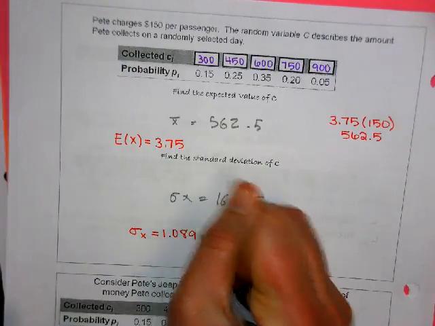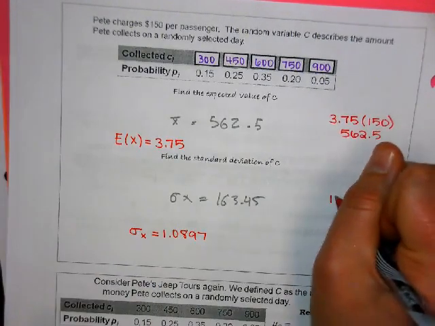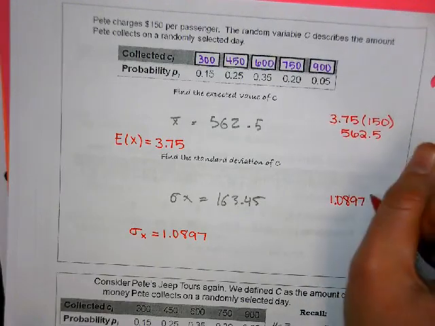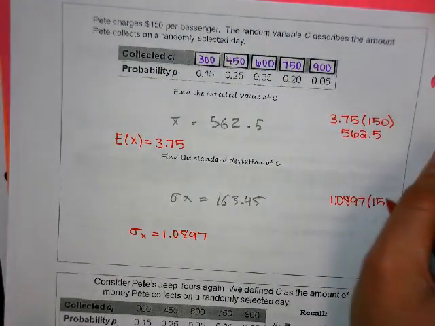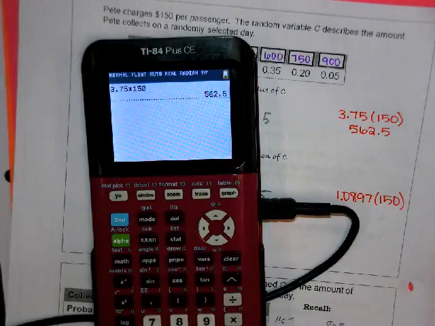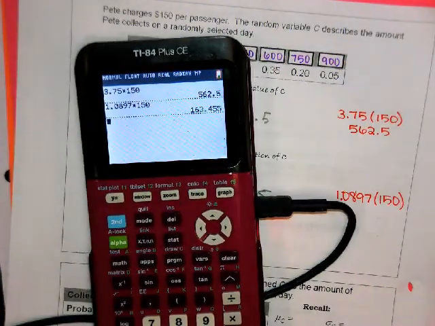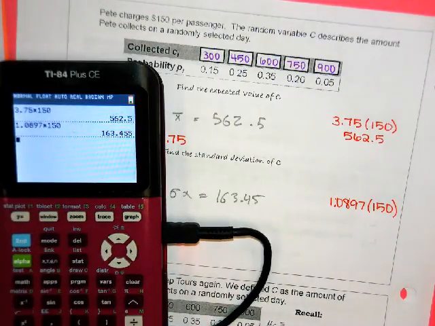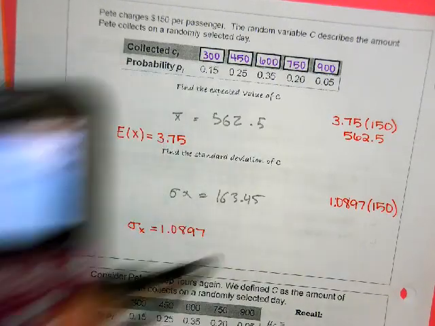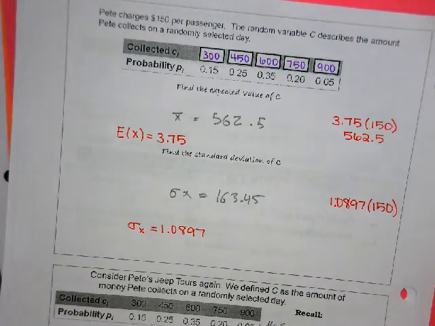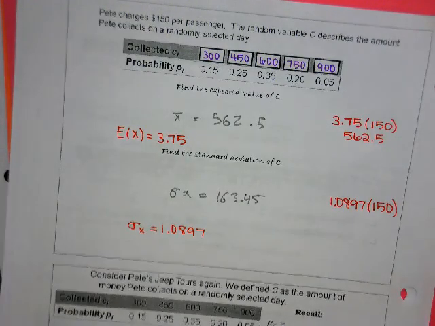If we take that standard deviation and we multiply it by the 150 per passenger, we get the 163.45 like Sam gave us. Everybody good? Can I move up my paper?